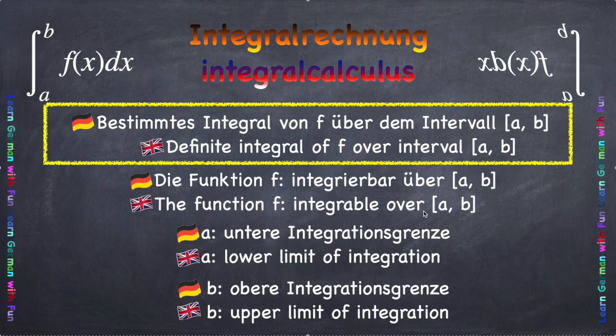And in English, the function f is integrable over a, b. A ist untere Integrationsgrenze, in English, lower limit of integration. B ist obere Integrationsgrenze, in English, b is upper limit of integration.